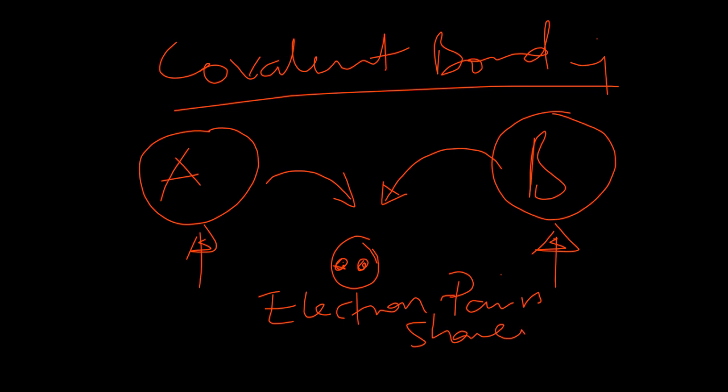We'll be using an illustration for this, and I believe the illustration will make you understand this better. So let's look at an example. Let's take an atom such as chlorine and another chlorine. Chlorine's electronic configuration is 2, 8, and 7.